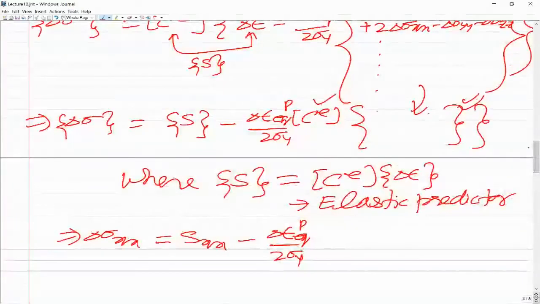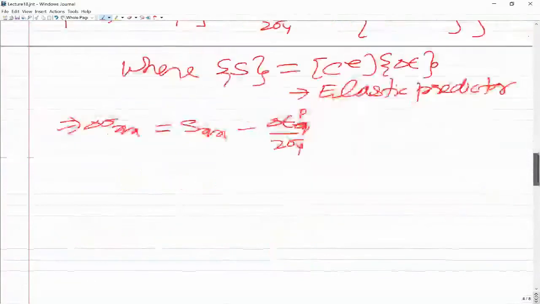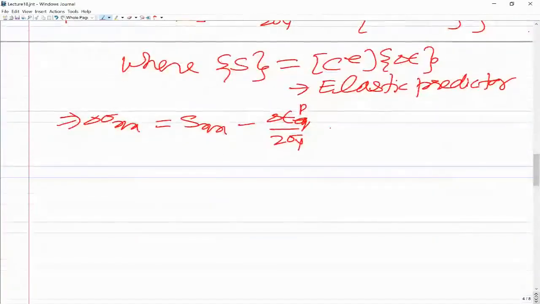You can check that this will come out as E upon 1 minus 2 nu into 1 plus nu, and in the bracket we will have 1 minus nu into the previous step stress terms, and the incremental stress terms. Let me write all of them and you can cross check.